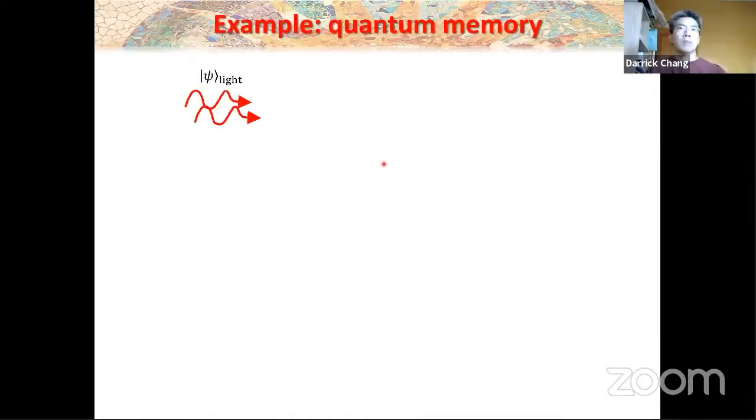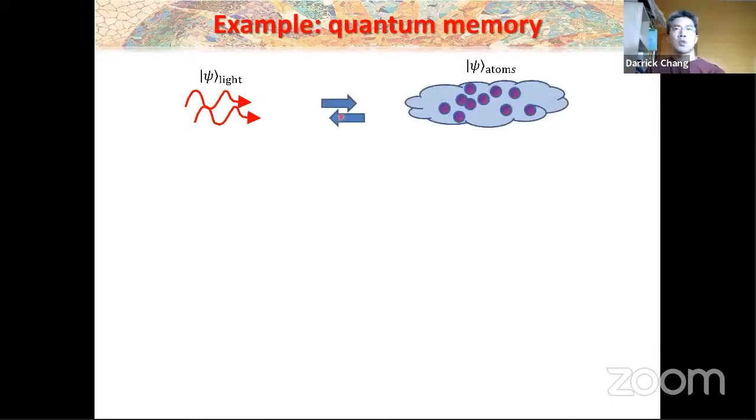Just to give one example, one common application is a quantum memory. The idea of a quantum memory is that you have some wave function encoded in photons, like a polarization qubit, for example, and you want to be able to store that, or map it reversibly, into some stable, long-lived atomic state for a long time.